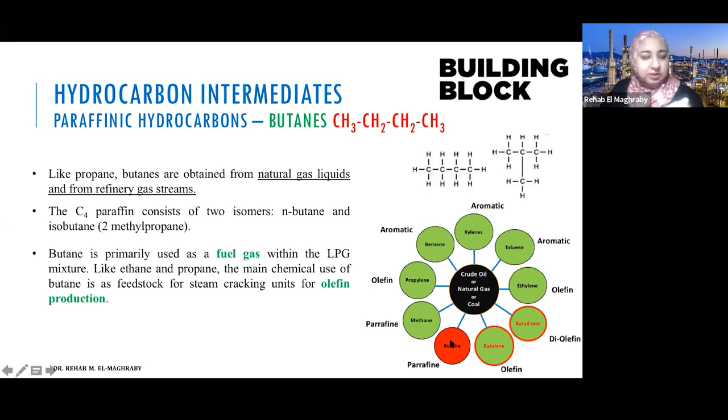Butane as a paraffin can be used as a building block, and can be converted to butylene, which has a double bond, as we can see here. I will not show you butadiene now, but later I will show you what butadiene is.